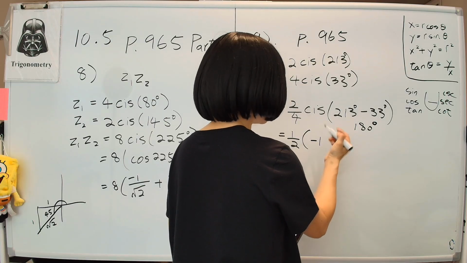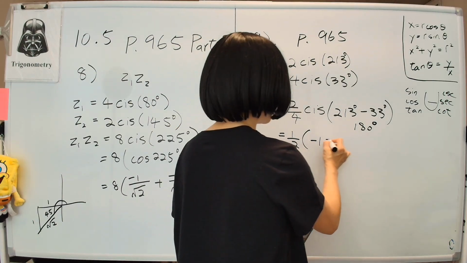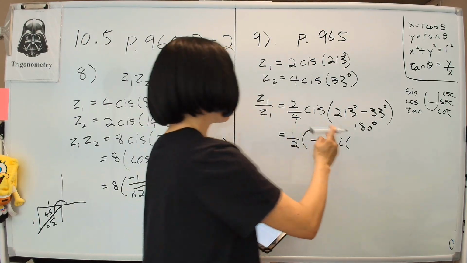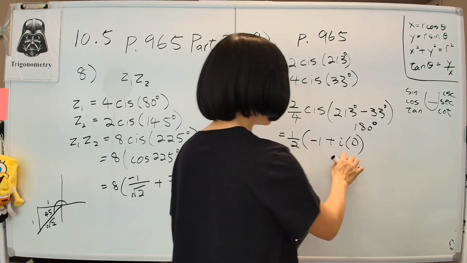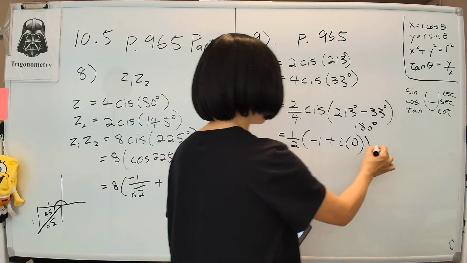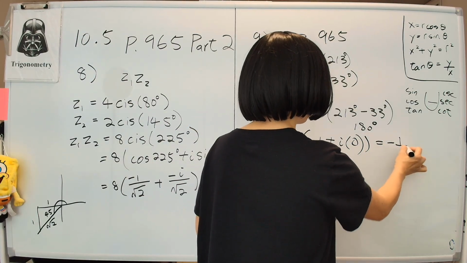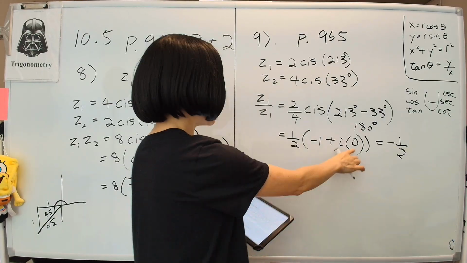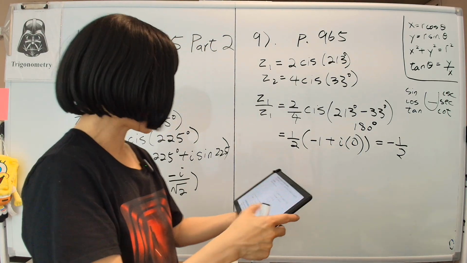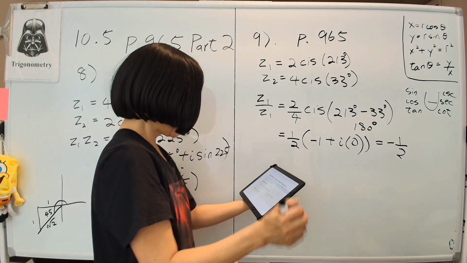So that's just -1, plus i times the sine of 180 degrees, which is 0. So the i part is 0, which means the whole thing equals -1/2. Because that part is 0, we only have the -1/2, which is correct, as the book says.